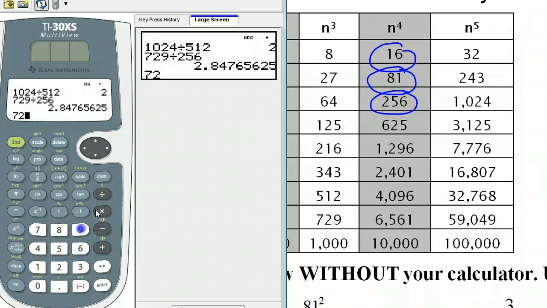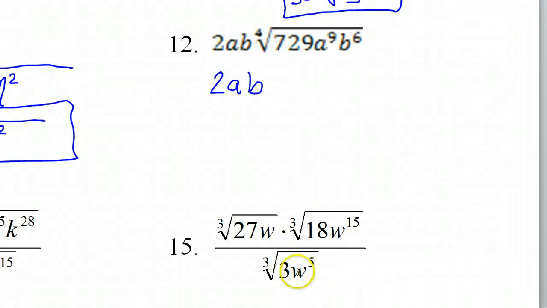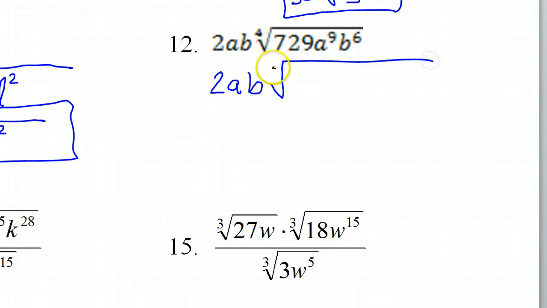How about 729 divided by 81? Bam! There it is. So 81 times 9 is what it is. So I can rewrite this as the fourth root of 81 times 9.